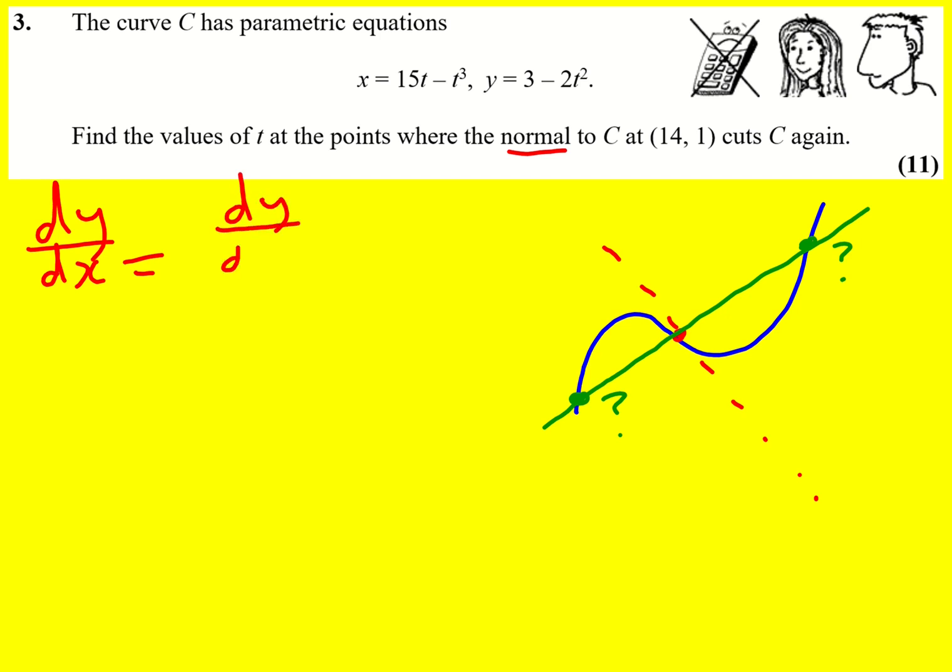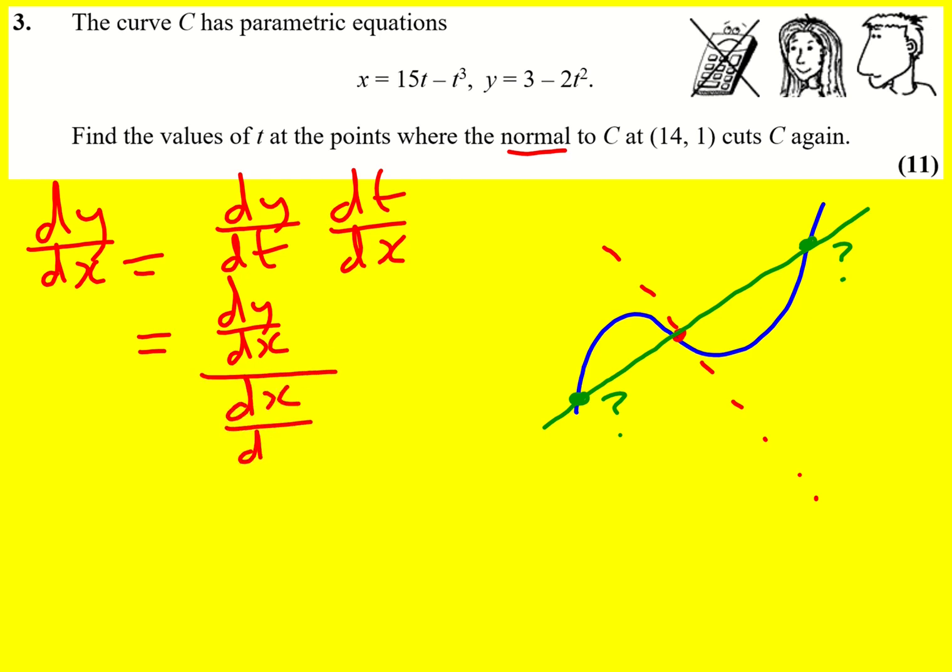That's going to be dy/dt times dt/dx using the chain rule, or you might go straight to writing dy/dt all over dx/dt. Sorry, that should have been a t. dy/dt is minus 4t. dx/dt is going to be 15 minus 3t squared.